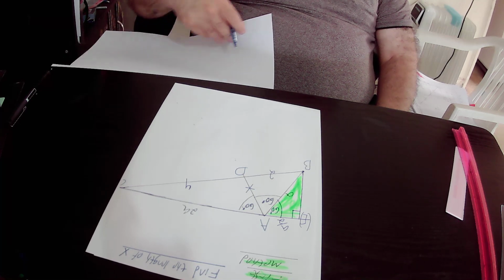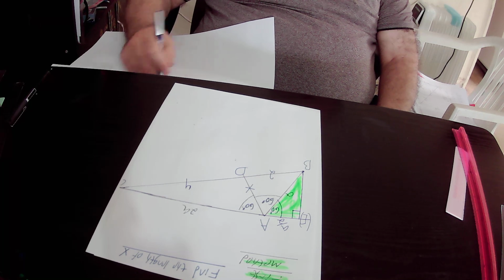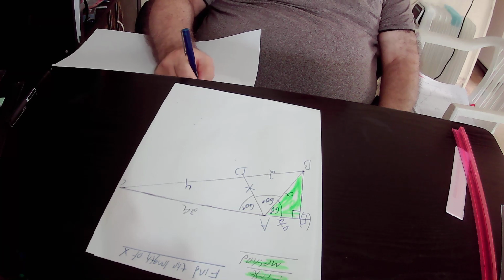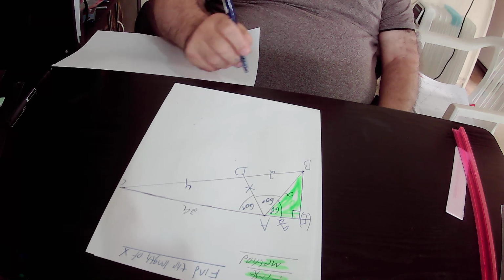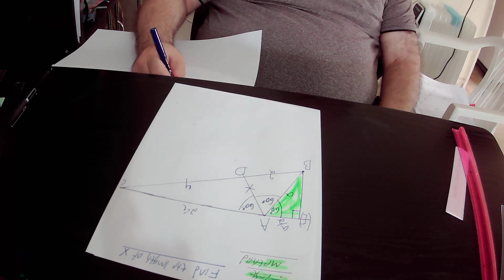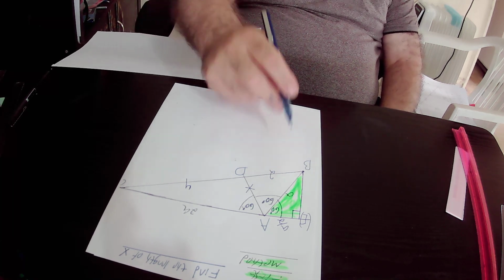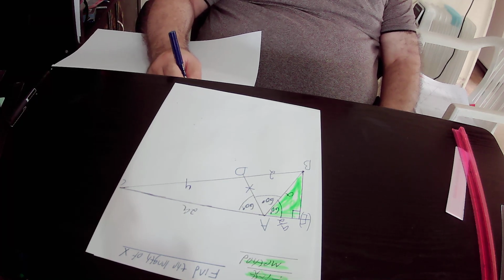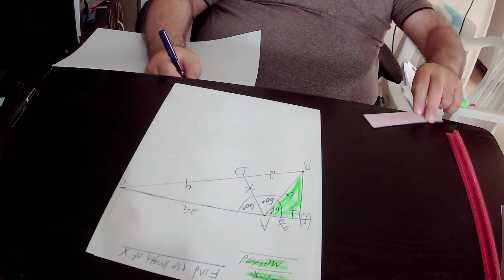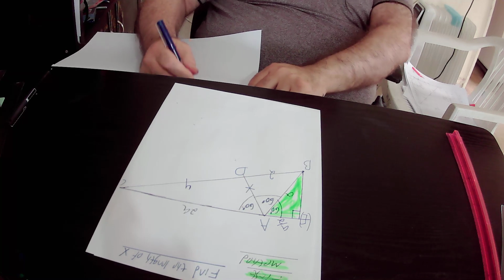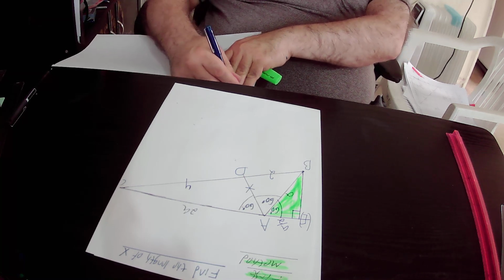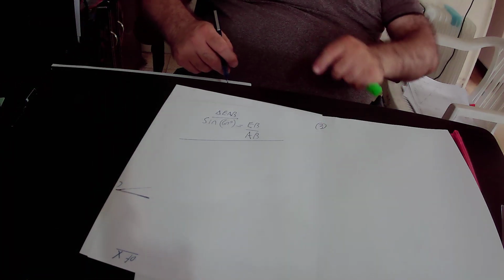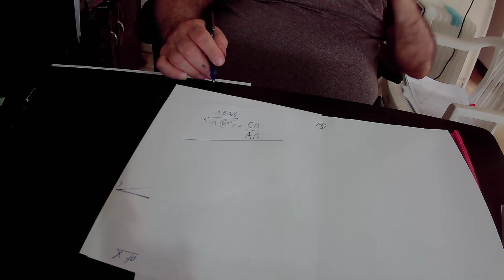In the right green triangle EAB, we know that sine 60 degrees equals EB over the hypotenuse, which is AB. I'll repeat again. In the green right triangle EAB, sine 60 degrees equals EB over AB.